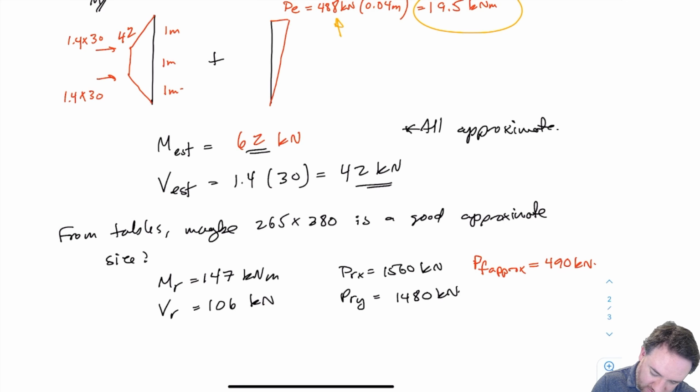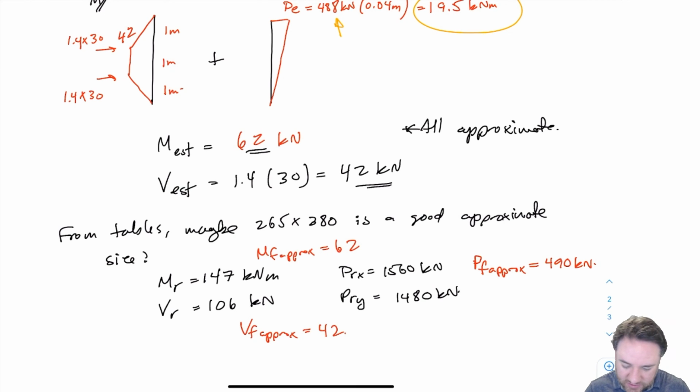And the moment that we estimated was about 62, and the V approx equals about 42. So you see we're about 3 times over on the moment and the axial load. There's a bunch of things that we haven't considered, like the shear notch, and we haven't considered lateral torsional buckling, and we haven't considered explicitly compression buckling.